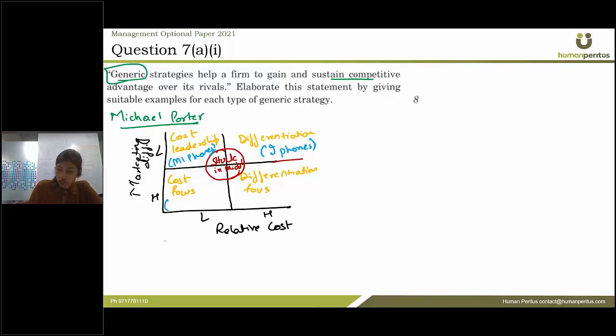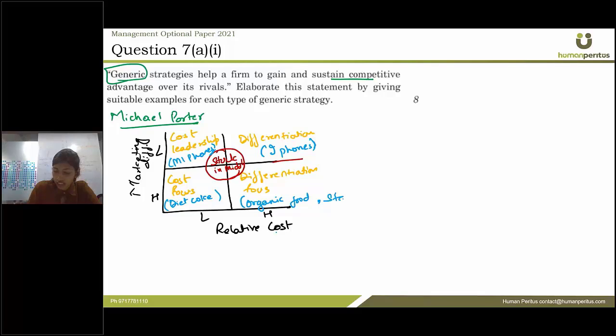Next is cost focus. Cost focus strategy is where your cost is low, but marketing differentiation is high. In this case, like Diet Coke, introduced by Coca-Cola, where they focus on the cost being low. Differentiation focus is when both relative cost and marketing differentiation are high, for example, organic food.